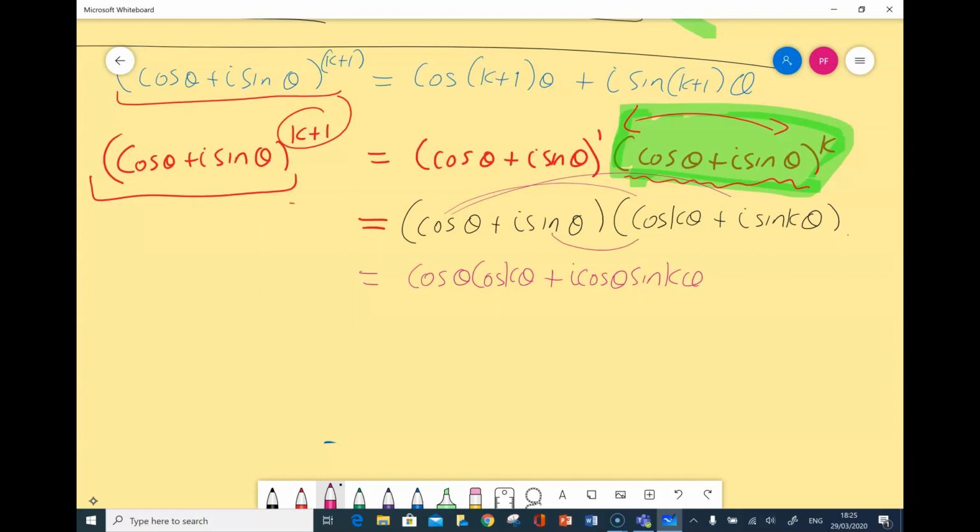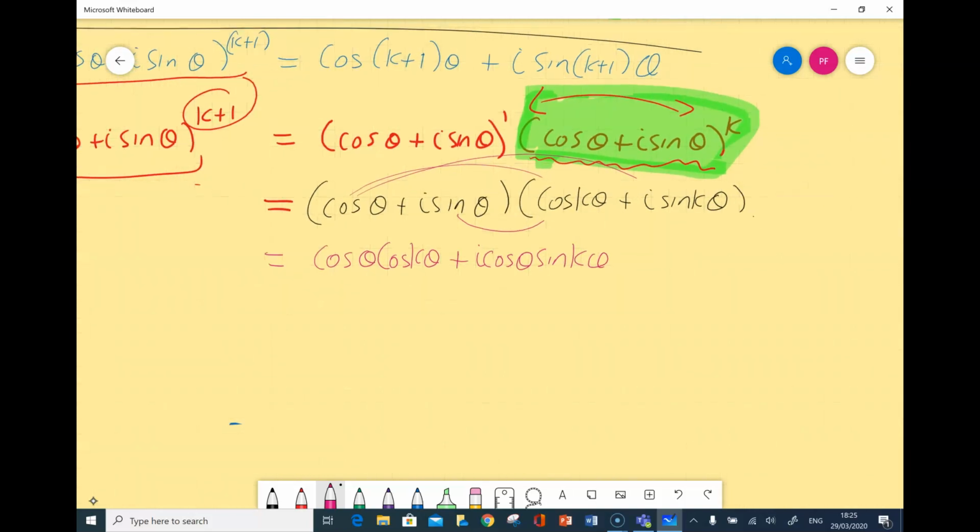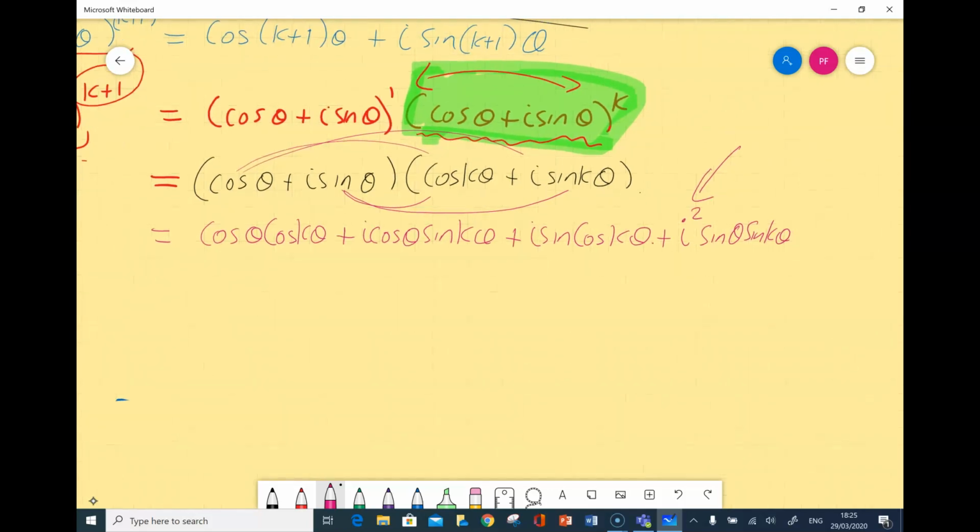Then i sin theta by cos k theta is i sin theta cos k theta. And finally, i sin theta by i sin k theta is i squared sin theta sin k theta. And we'll remember now that i squared is minus 1.